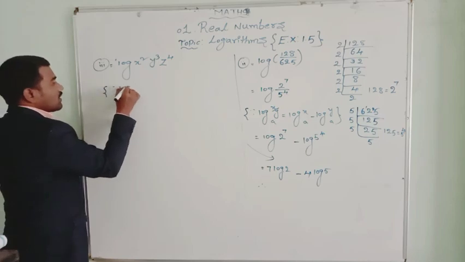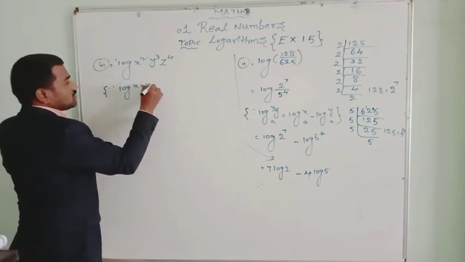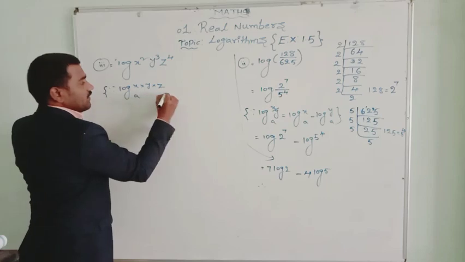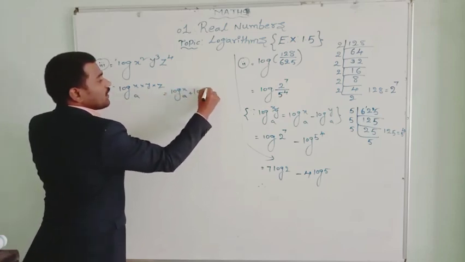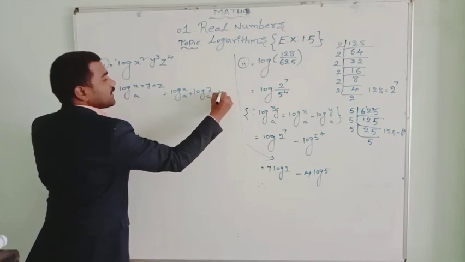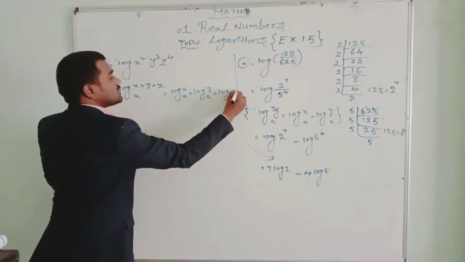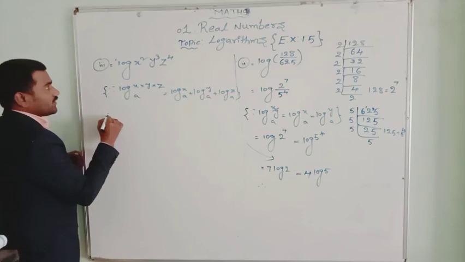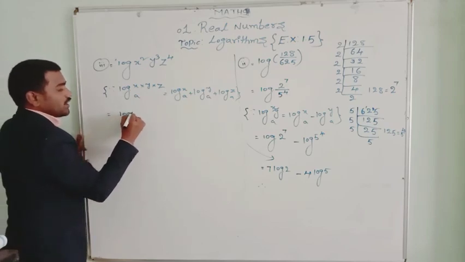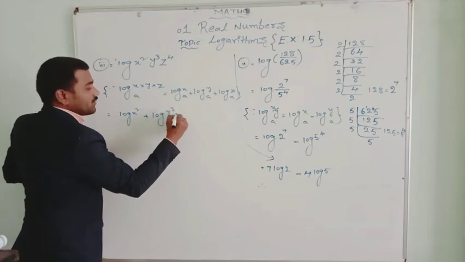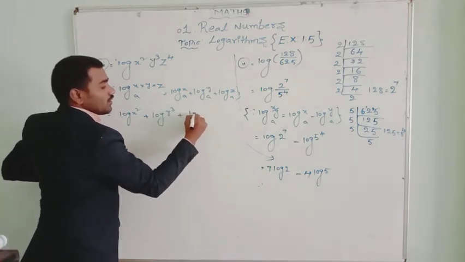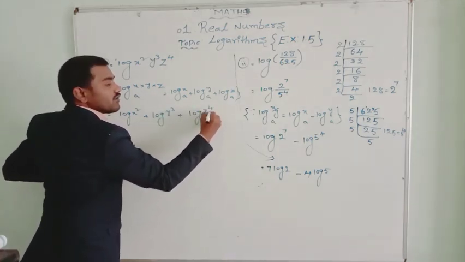Log x into y into z base A equal to log x base A plus log y base A plus log z base A. Now we go for this as log x square plus log y cube plus log z to the power of 4.